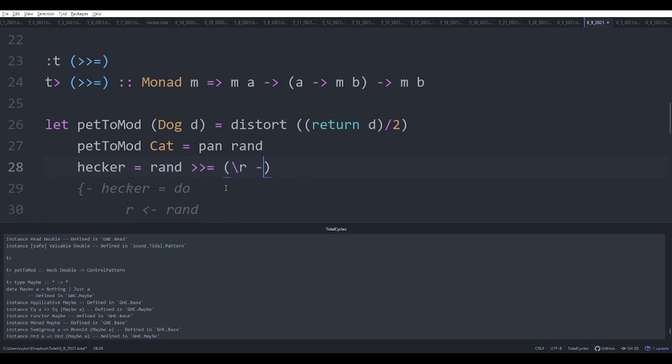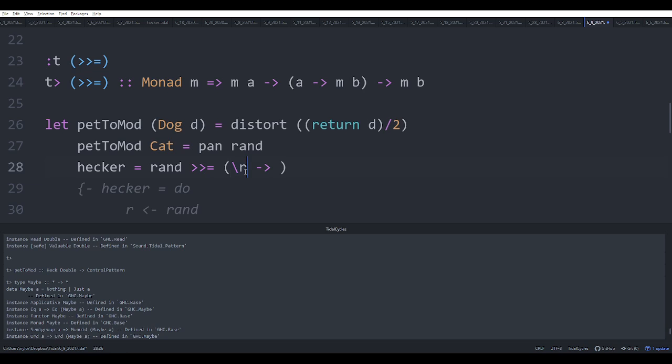Then we could also think of this as lambda r to, and for those who aren't familiar, this is the way you do an anonymous function in Haskell. I don't know how much I need to explain anonymous functions, because in all the years since I was in college and first learning Haskell, anonymous functions and lambda abstractions are way more common than they were 15 years ago.